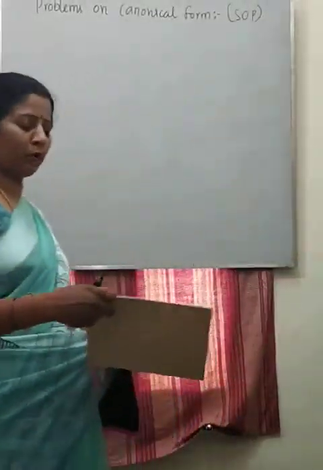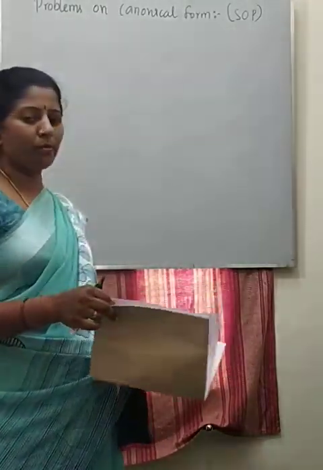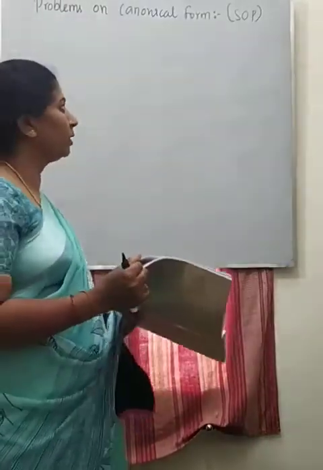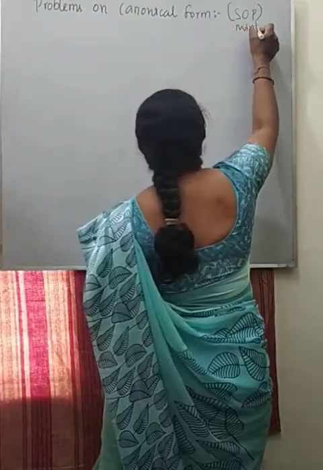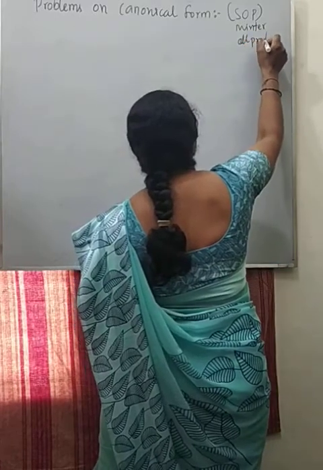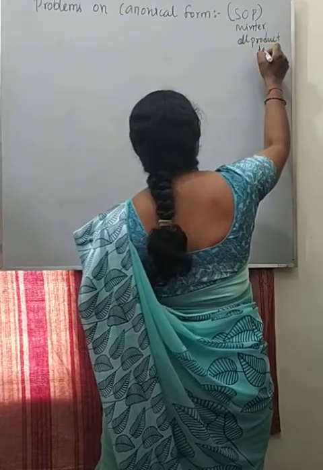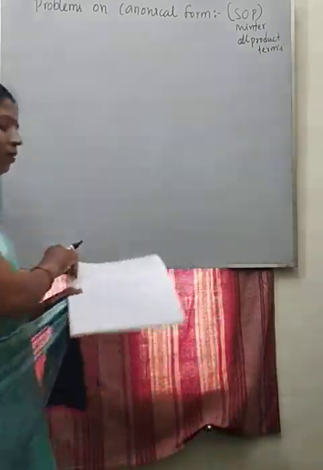Before going to the problems on canonical form, in the last class, do you remember what we discussed about the min term and the max term? Your min term is nothing but SOP, that means all product terms.